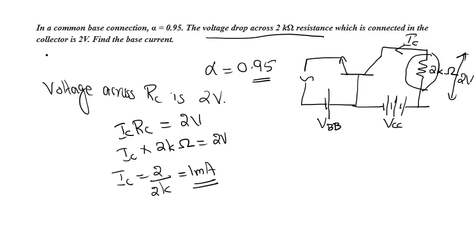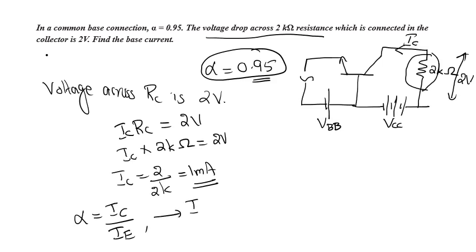Now the second part, we can calculate the IE value. We know the value of alpha, and we say once again the definition of alpha: alpha is IC by IE. So using this one we can calculate IE. IE is equal to IC by alpha.